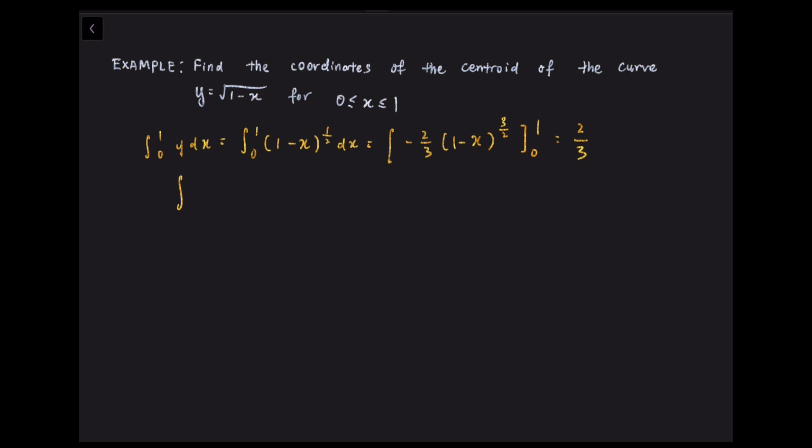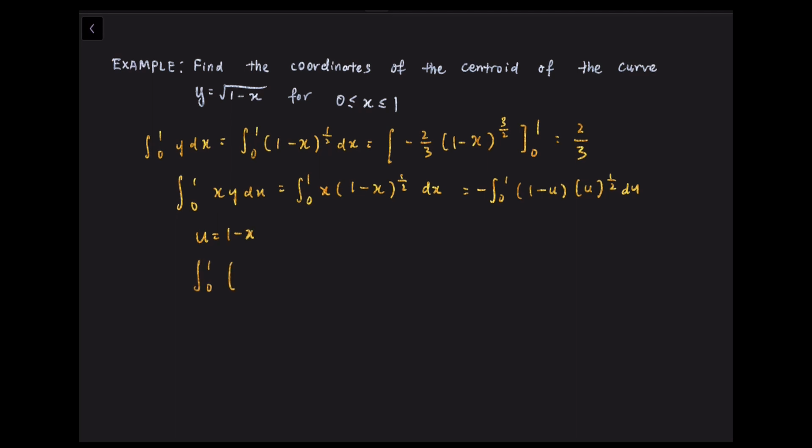which equals 2 over 3. We also note that integrate from 0 to 1 x times y dx equals integrate from 0 to 1 x times (1 minus x) to the 1 over 2 dx. And we substitute u equals 1 minus x, and we have integrate from 0 to 1 (1 minus u) times u to the 1 over 2 du.